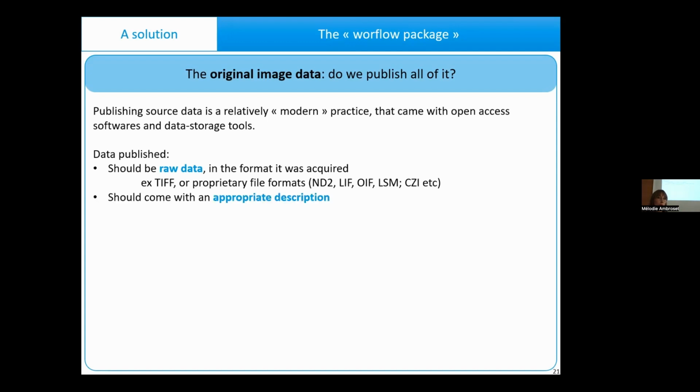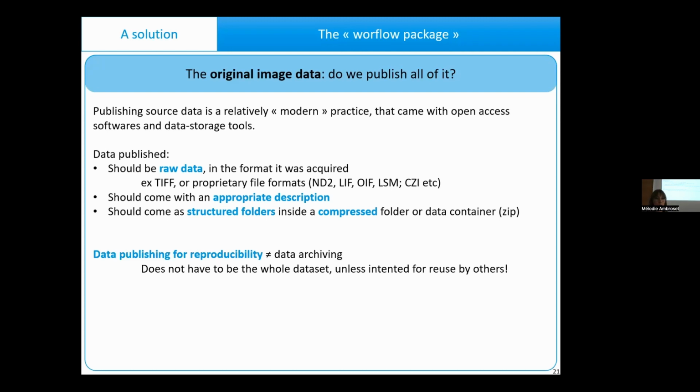It should come with an appropriate description, and it should come as structured folders inside a compressed folder or a data container, such as a zip file. I want to mention also that data publishing for reproducibility is different from data archiving, and by that I mean it does not have to be the whole data set, unless you intend this data set for reuse by others.